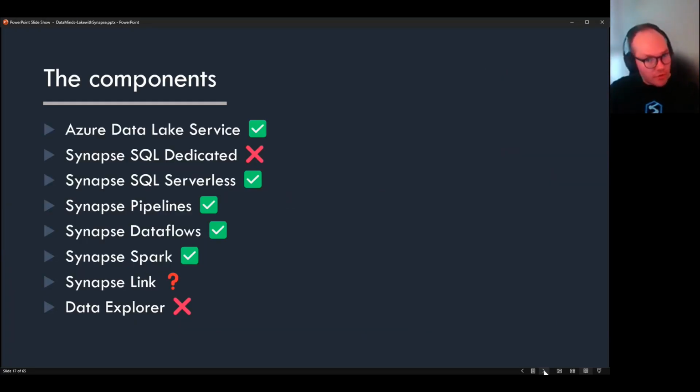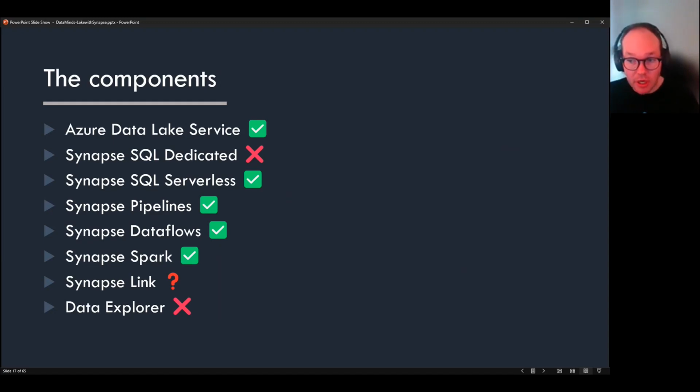So what services are we using here? And this probably goes to Ramesh's question. We're using Azure Data Lake Gen 2. We're not using Synapse SQL Dedicated, and I am going to come back to that, but you start to see that we're not talking about that. We are using Synapse SQL Serverless. We're using pipelines.